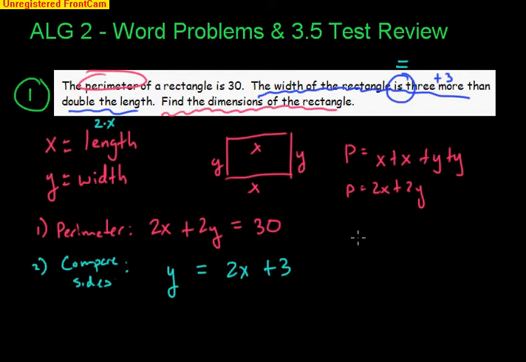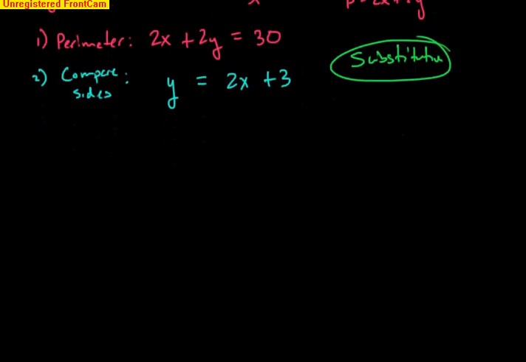Now, this is beautifully set up for substitution. So I'm going to scroll down. Here are my 2 equations. I'm going to take that first equation. This right here is solved for y.